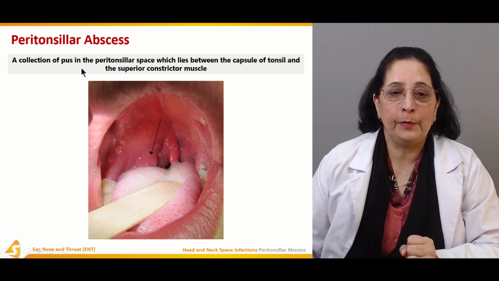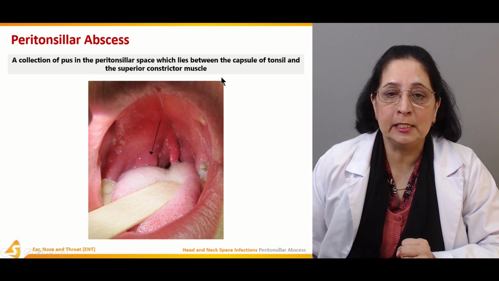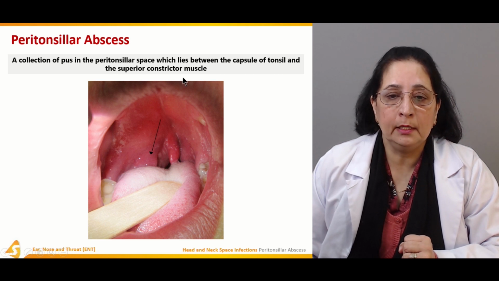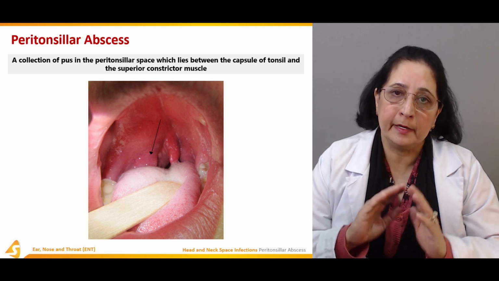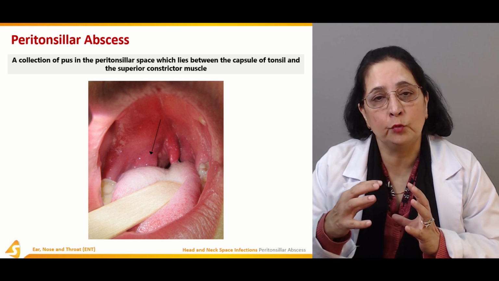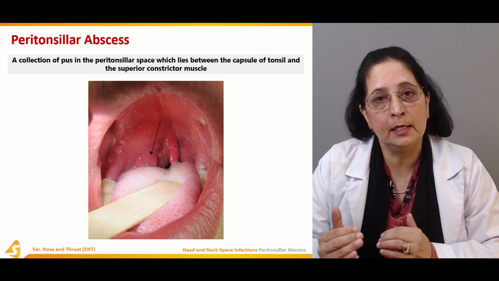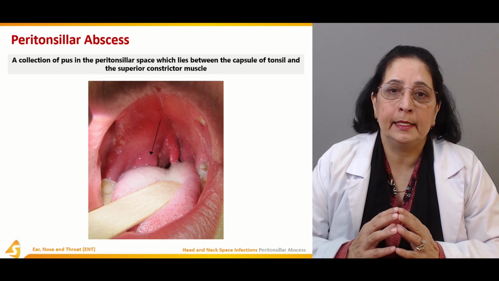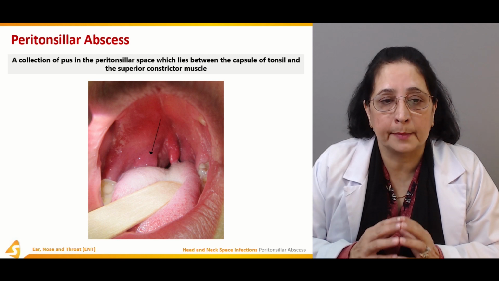A collection of pus in the peritonsillar space, which lies between the capsule of the tonsil and the superior constrictor muscle. When the pus is collected in that area, that is known as the peritonsillar abscess.